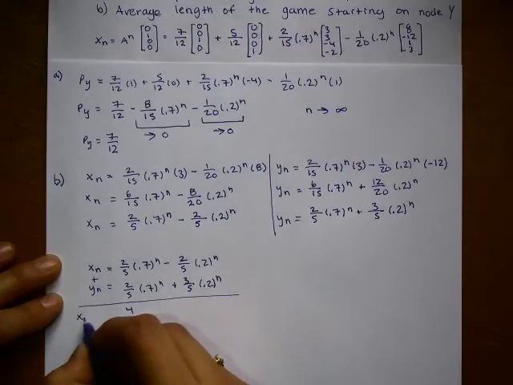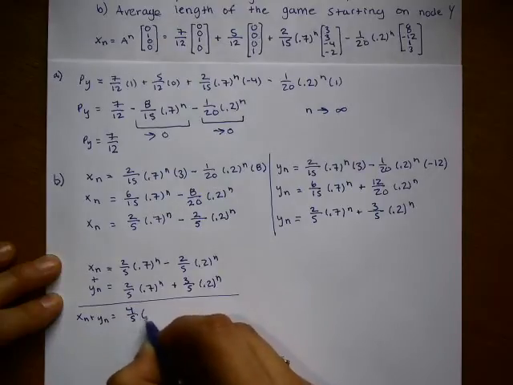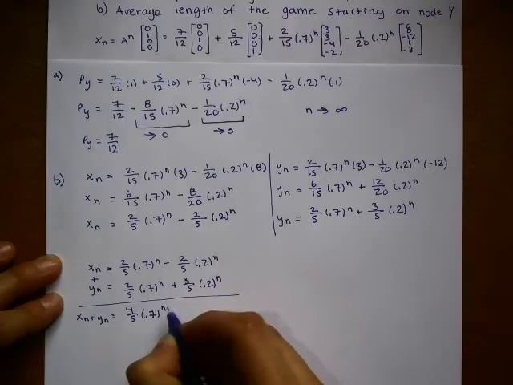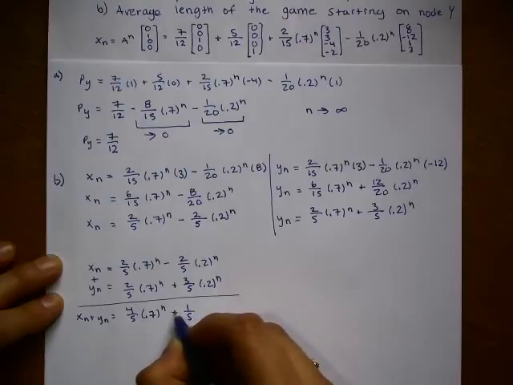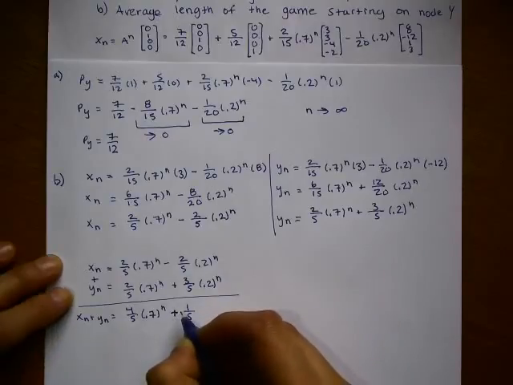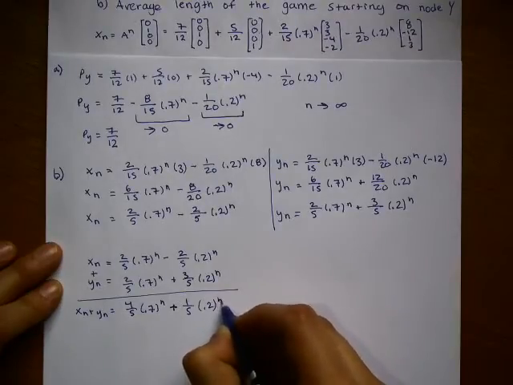Summing these up, we get 4 over 5 times 0.7 to the power of n, minus 1 over 5, plus 1 over 5, sorry, times 0.2 to the power of n.